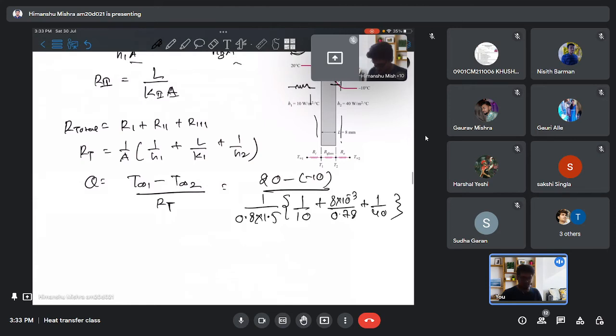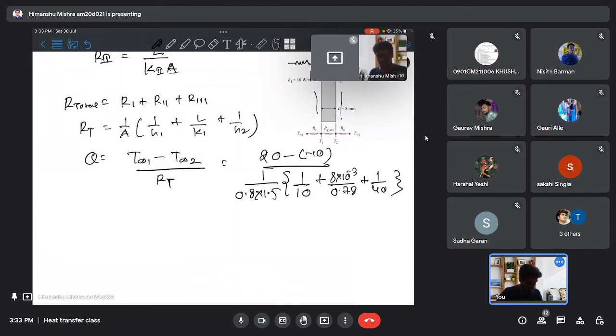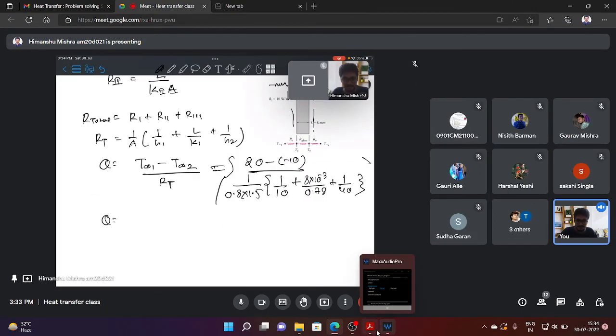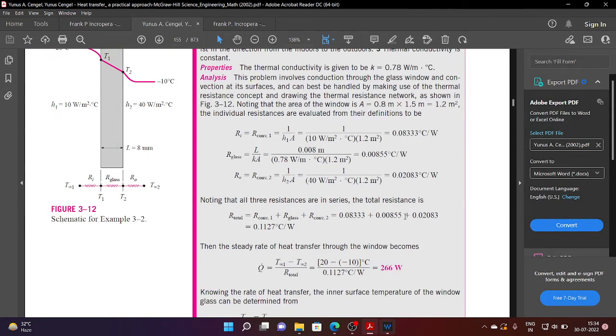So on solving this equation, we will get the heat transfer as, let me check, something about 266 watt.